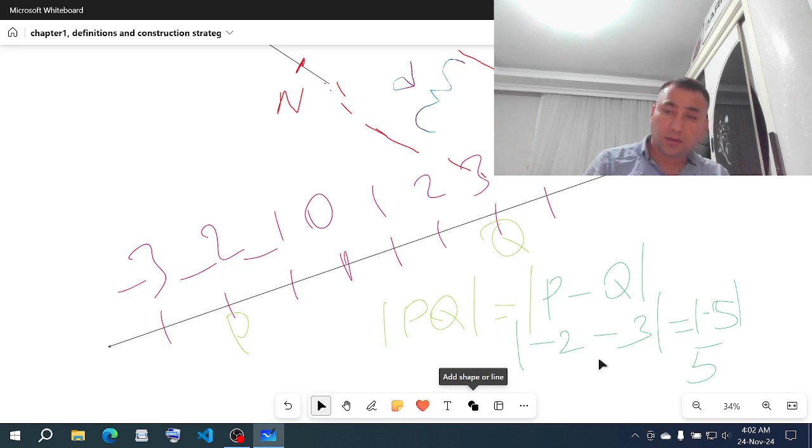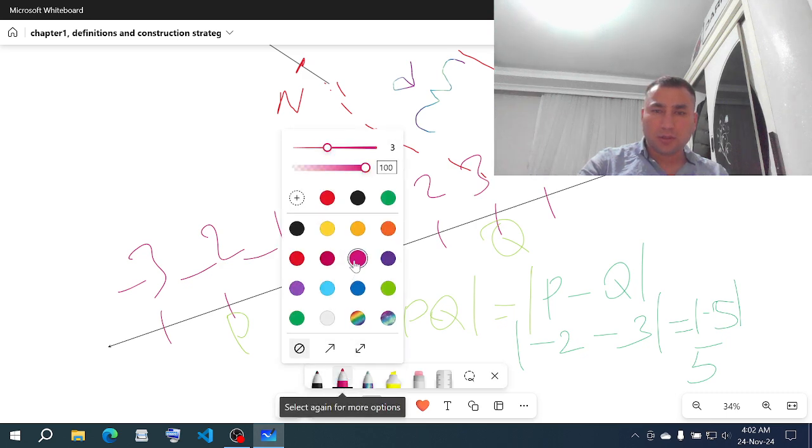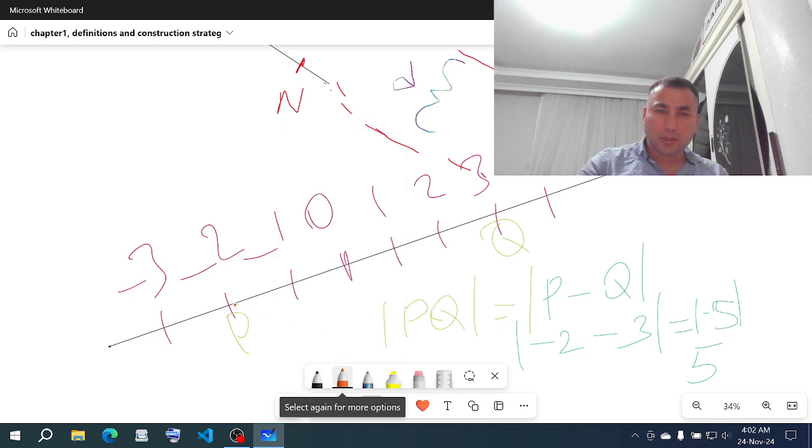Okay. So the distance between P and Q is 5.